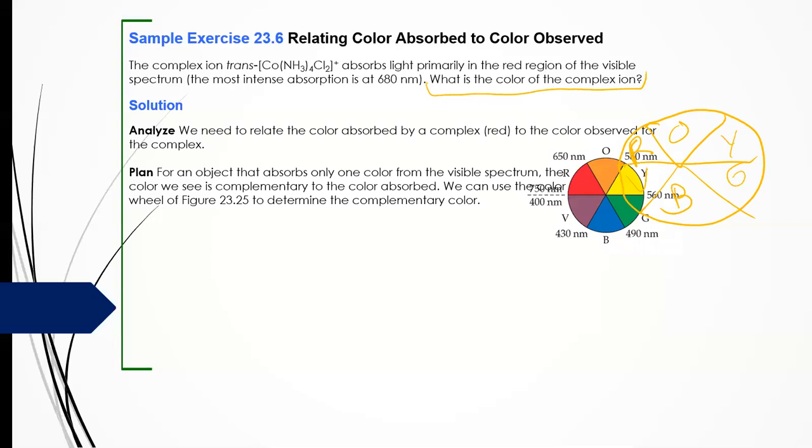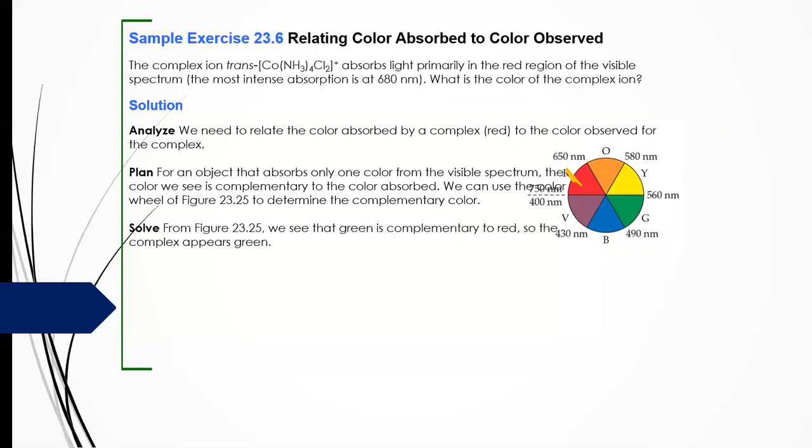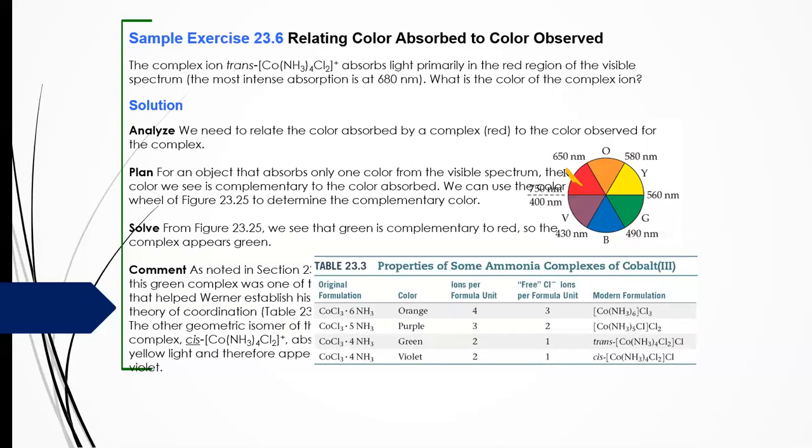That's a better drawing of our color. You can see where our 680 should be, right over here. And so the color that we should see is a complementary, so the opposite of red should be our green. So remember that when you talk about absorption, the color we see isn't what they actually absorb, it's going to be that complementary piece.